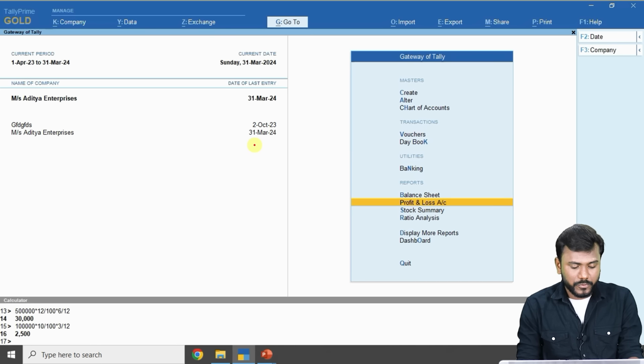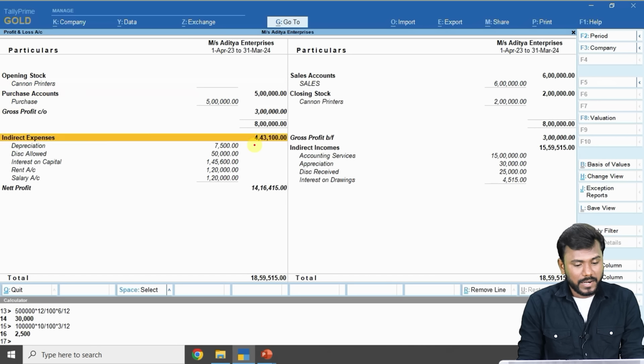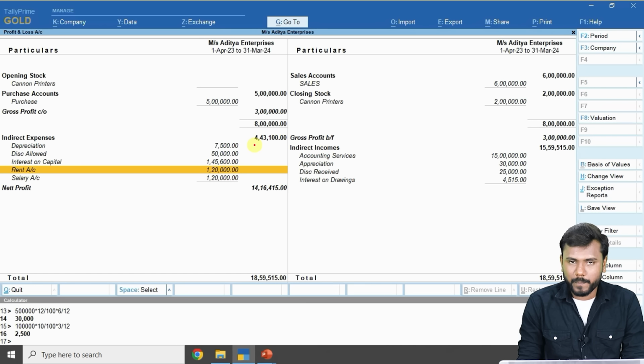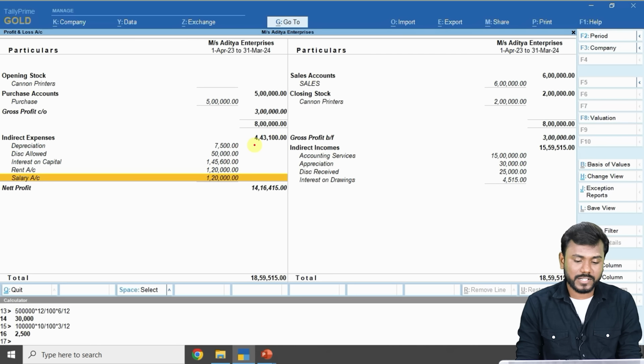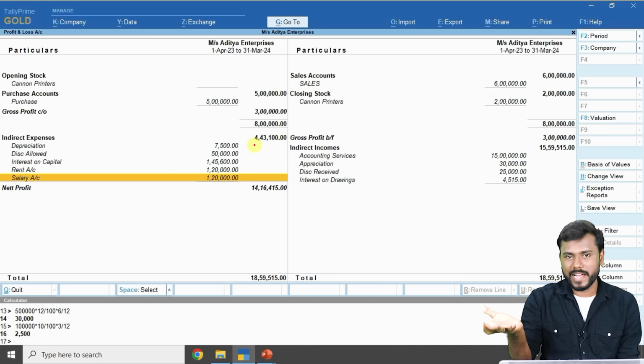Now here if you see the profit and loss account, yes, rent shows the actual rent belonging to this year, 1,20,000. Salary also shows the same 1,20,000. So remember, if any prepaid expenses are booked, you need to reverse them and create an asset.